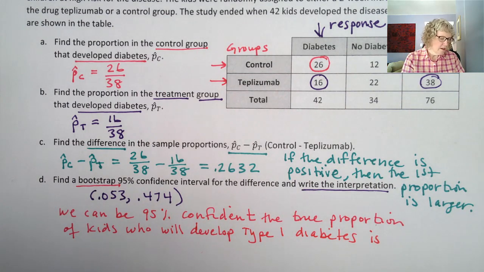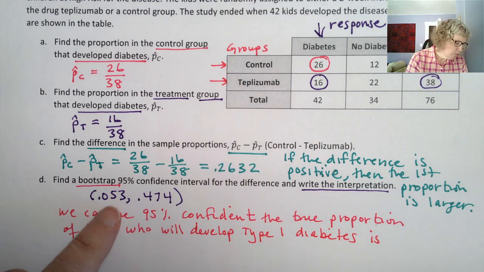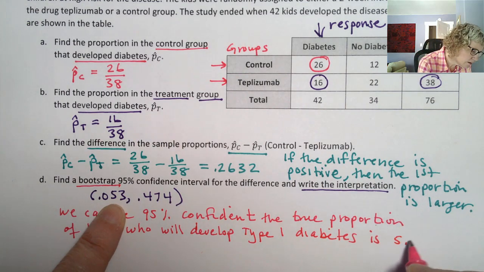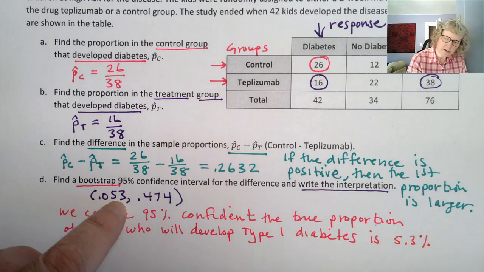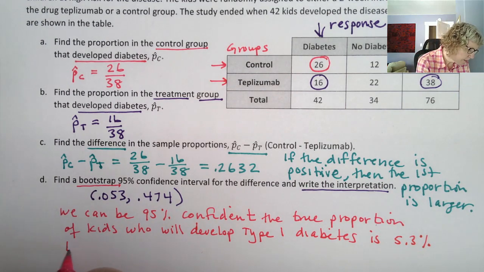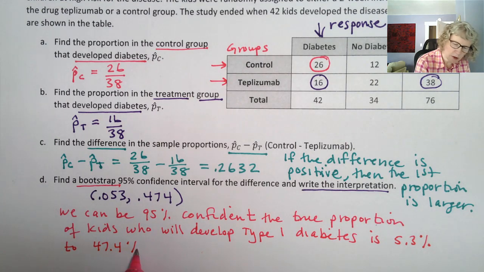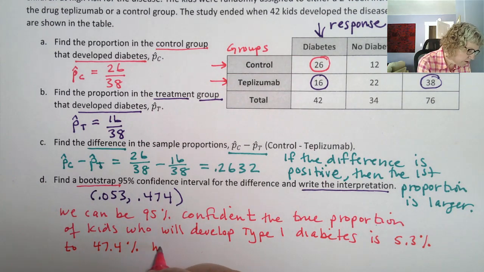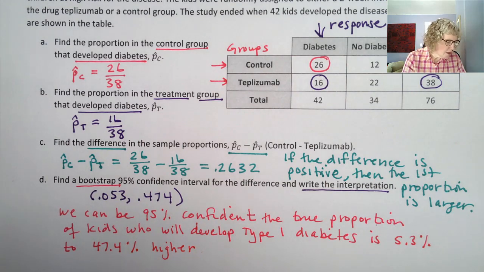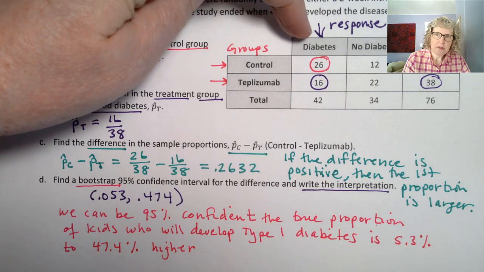is, and often it does help to change these into percentages. So I'm going to do that, is 5.3% just makes it easier to interpret, to 47.4% higher. So we've got to also say the direction, right? We're measuring the risk of developing diabetes.